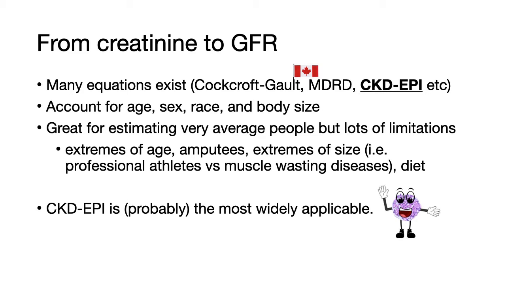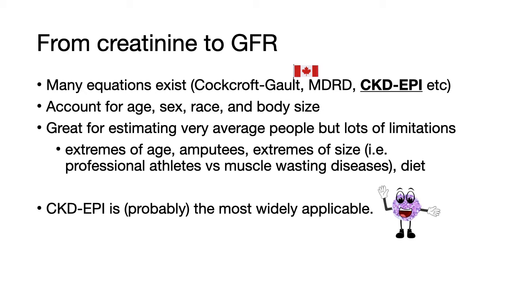So how do we get from plasma clearance to an actual GFR? There are many equations that exist that can use creatinine as well as a number of other factors such as age, sex, race, and body size to estimate a GFR. You might see this denoted as eGFR or estimated GFR.